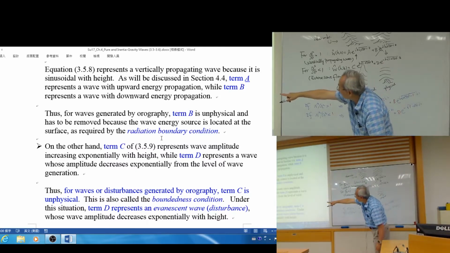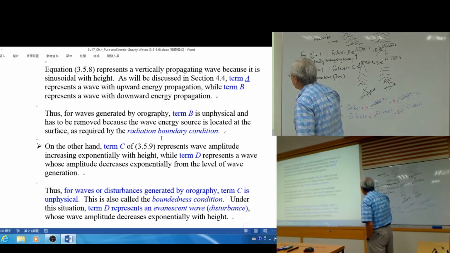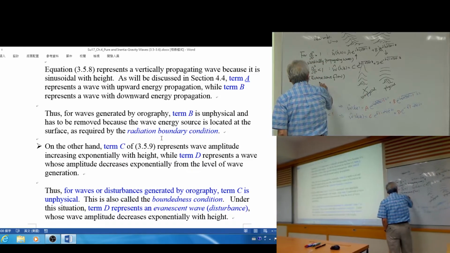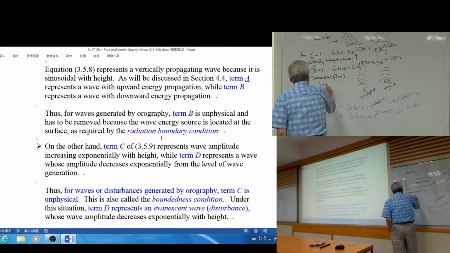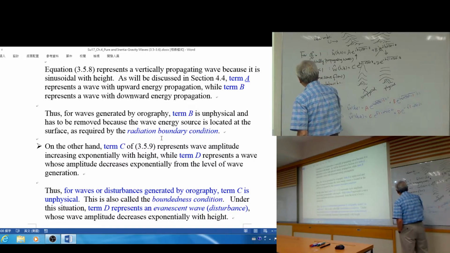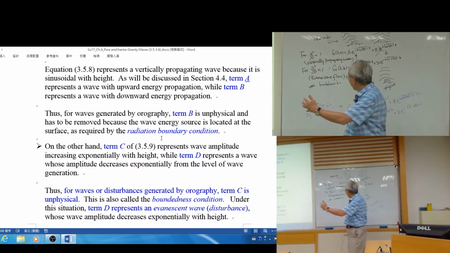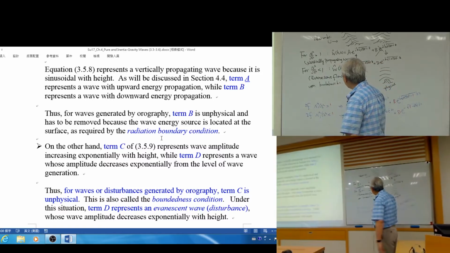The boundedness boundary condition, the upper one. So these are the two regimes: one is evanescent flow, one is vertically propagating wave.